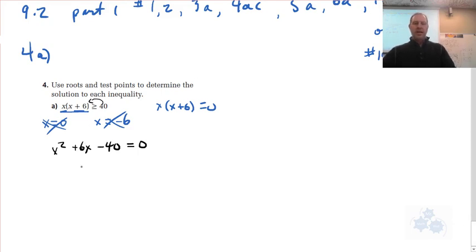Okay. Now, can we factor this? Can we factor this into two binomials? What are two numbers that multiply to 40 and have a difference of 6? 10 and 4. Very good.